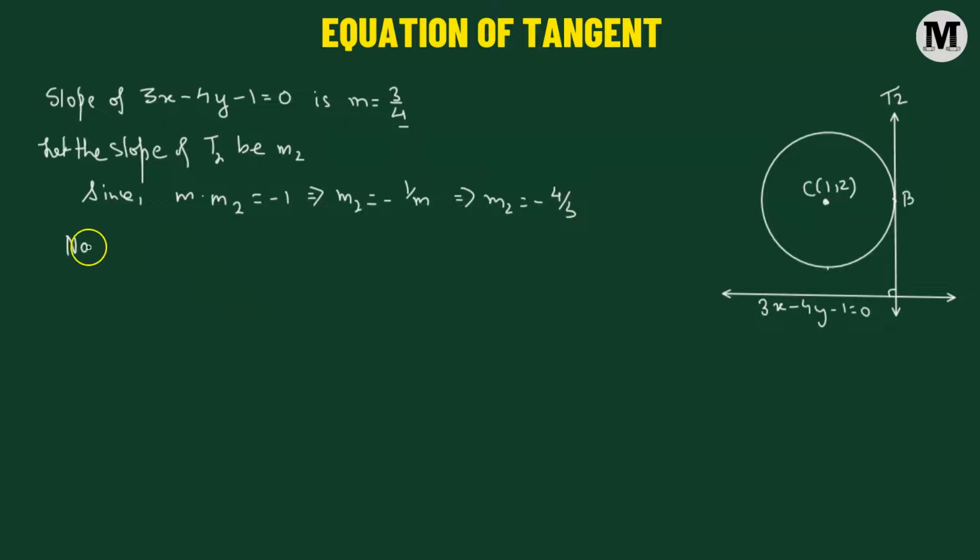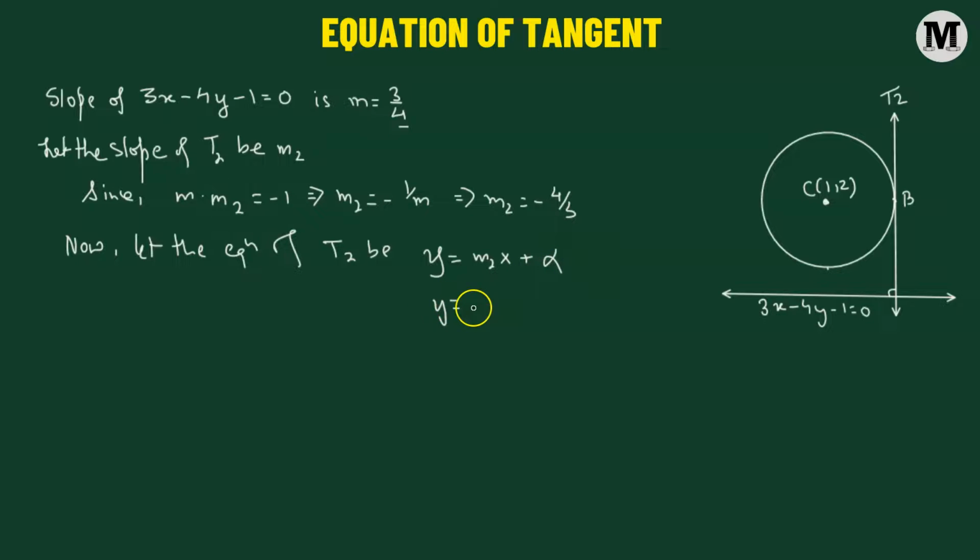Now, what we'll do, we'll suppose the equation of the tangent line T2 is given by the slope intercept form y equals m2x plus, we're going to consider alpha here. So we don't know the y-intercept, so we're supposing it's alpha.